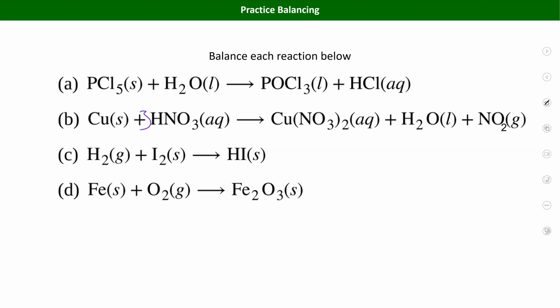Right, because that's the only possible way we can get 3 nitrogens on this side. If you do that, now my nitrogens are balanced. And actually that took care of the oxygens too.